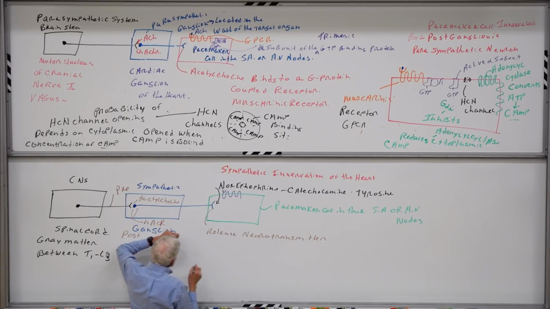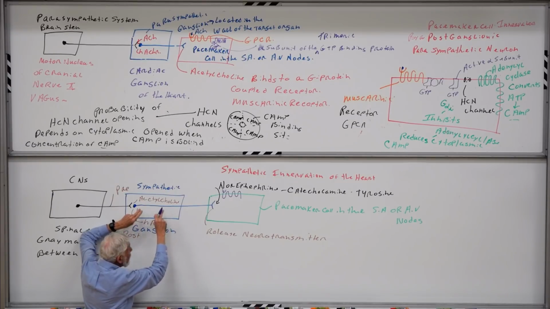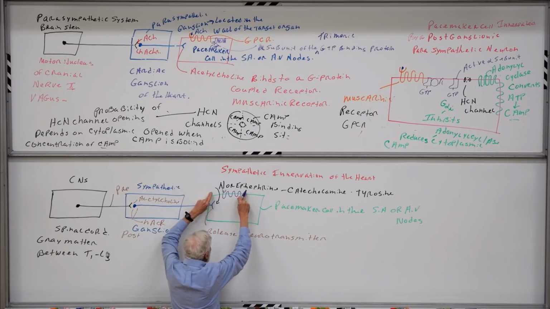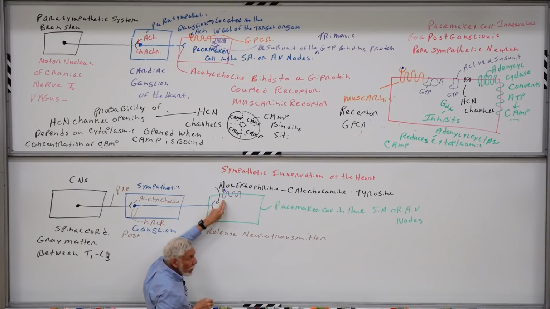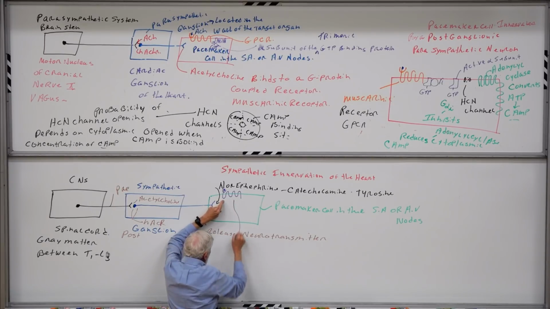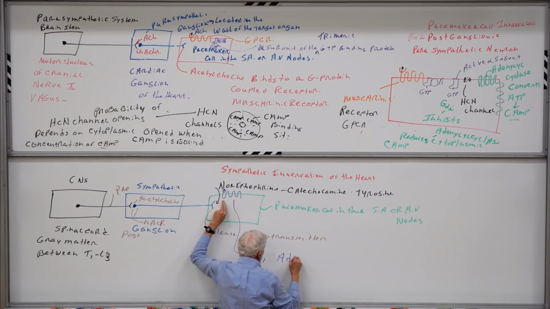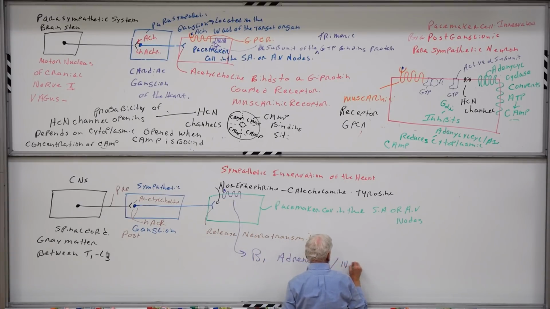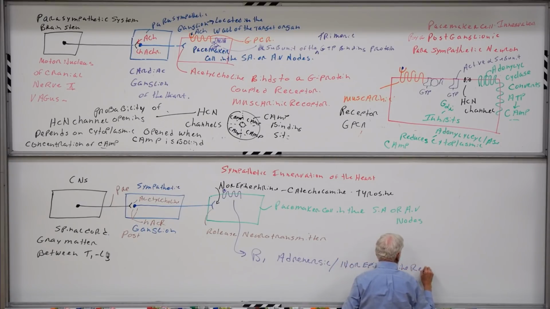So when the output region of the postganglionic sympathetic neuron releases norepinephrine, the norepinephrine is going to bind to this receptor. This receptor has a name, again. It's called a beta-1 adrenergic receptor. You could also say norepinephrine receptor.